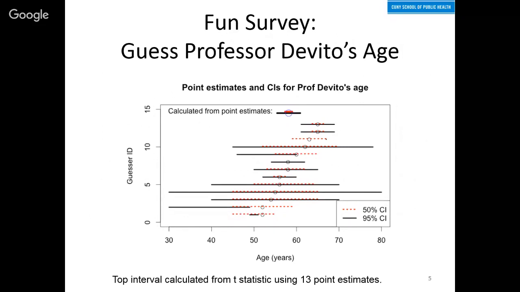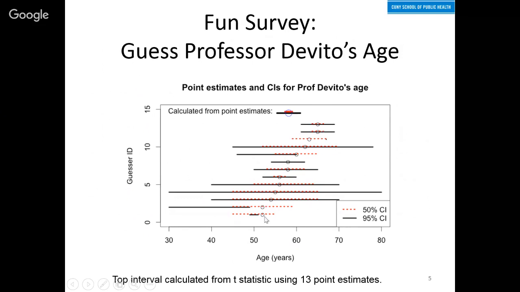Here's what your guesses look like. And these are from your actual survey. What I've done here is to plot the ages along the x-axis and just stack them up by guesser ID, and I ranked them in order of the lowest age to the greatest age.